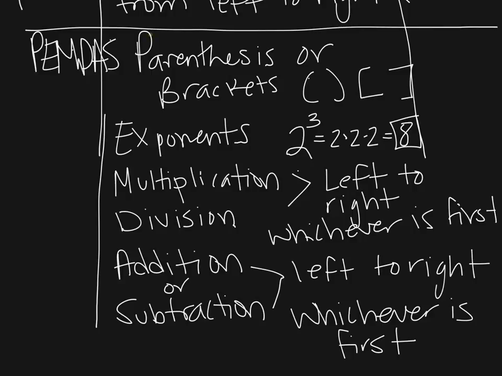We have our P, our E, our M, D, A, S. That's the order you do it. Then there's also called a distributive property. So I'm going to give you guys a couple seconds. If you need to finish copying down PEMDAS, go ahead and pause the video because I'm going to change it into a new slide for a distributive property. If you have room on the first page, on page 22, continue writing. If you don't have room, go to the back of page 22.